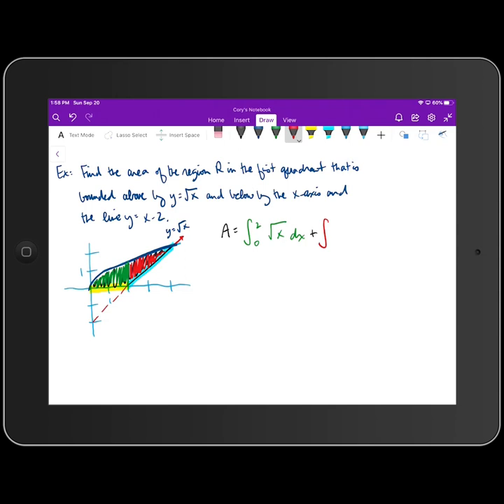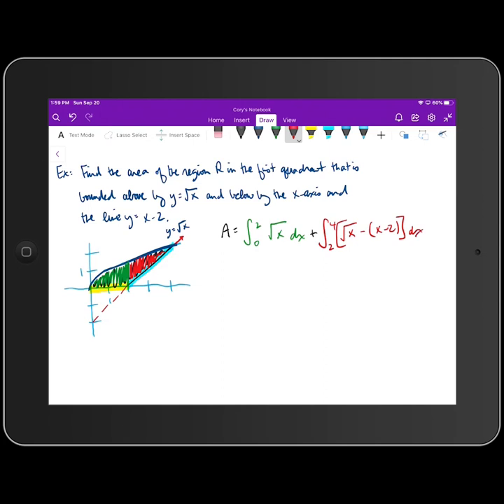First off, our limits of integration: the lower limit is 2, the upper limit is 4. The function that bounds the area from above is rad x, minus the function that bounds the area from below, which is x minus 2, with respect to x.